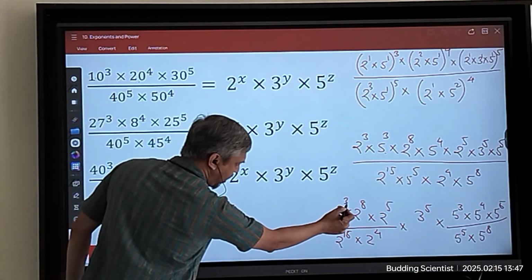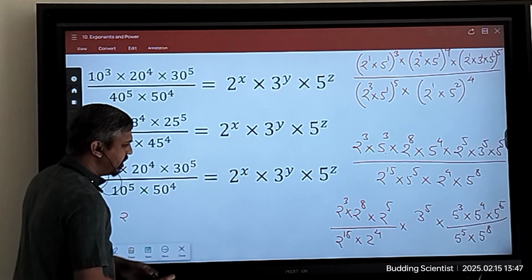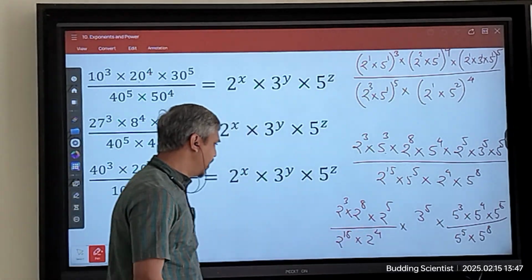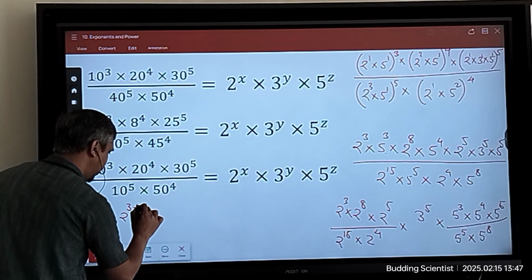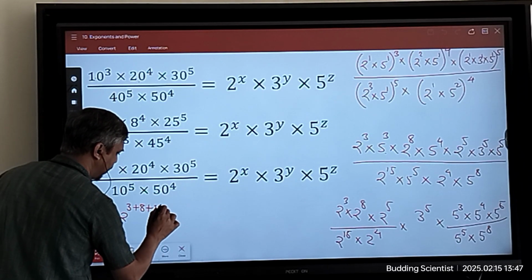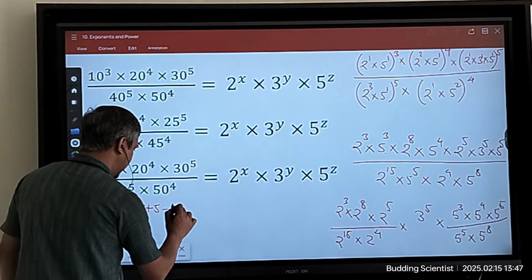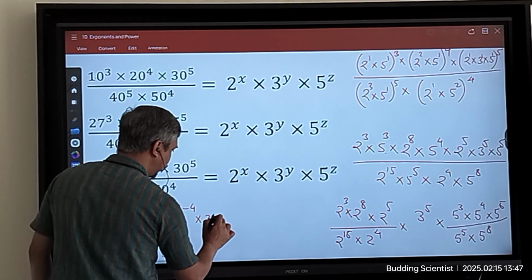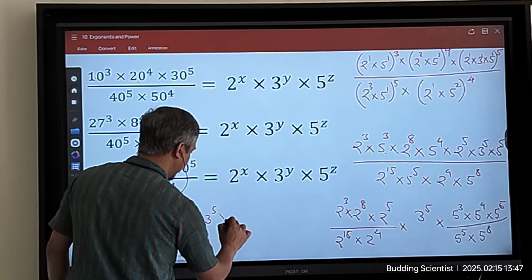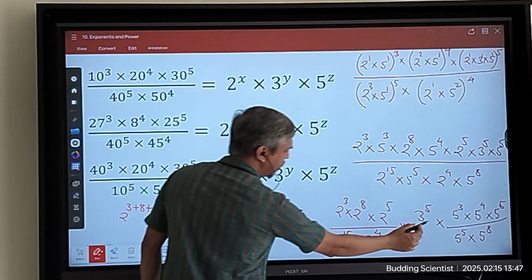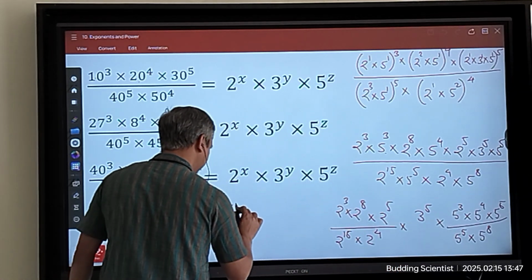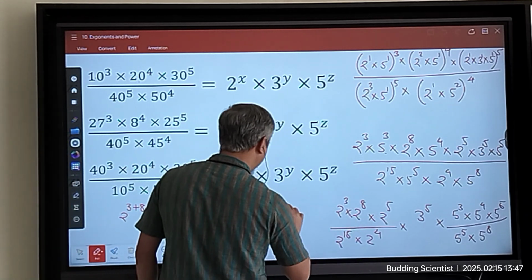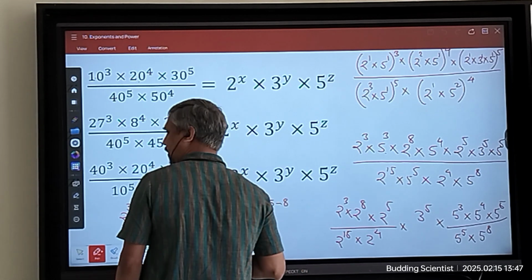So here 2 will be raised to 3 plus 8 plus 5 minus 15 minus 4, into 3 raised to 5 into 5 raised to 3 plus 4 plus 5 minus 5 minus 8.